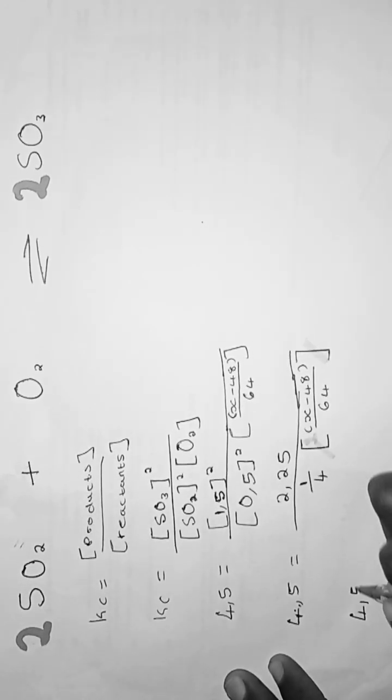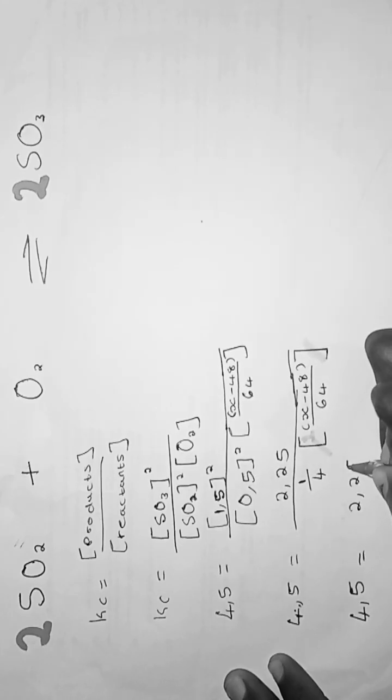So I'm going to say 4,5 is equal to 2,25 over 1 over 4 times x minus 48 over 64.